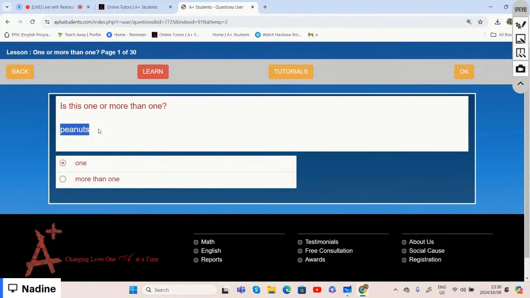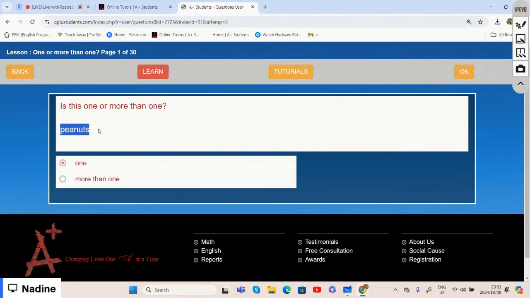It's like me saying chocolates with an S. Is it one chocolate or more than one chocolate? So peanuts with an S. All right.